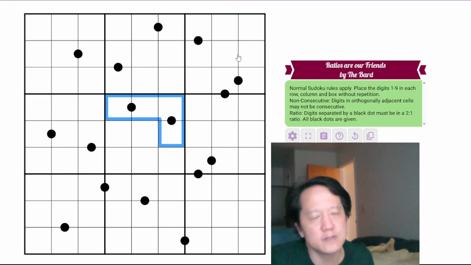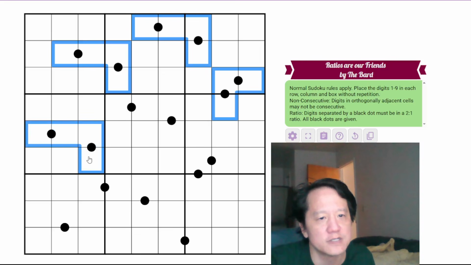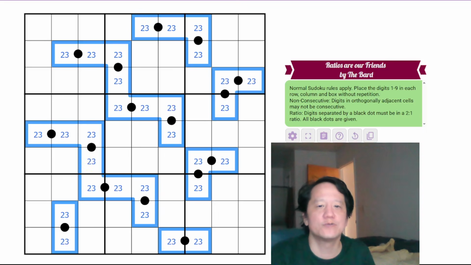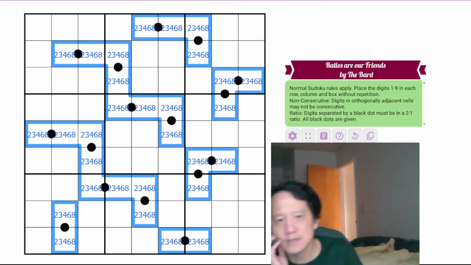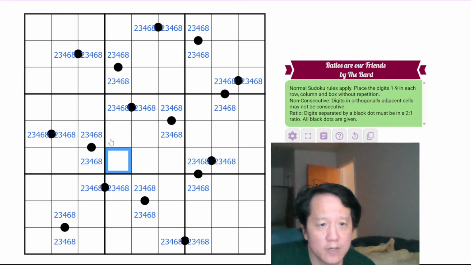Therefore, these digits next to these black dots can only be from 2, 3, 4, 6, and 8. So these are 2, 3, 4, 6, and 8 in some situation.